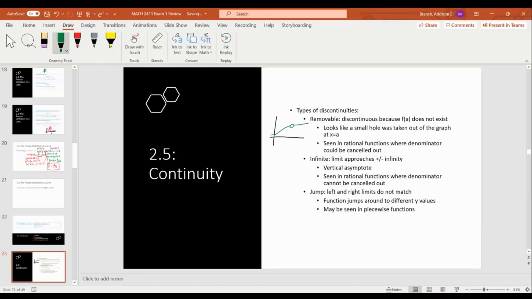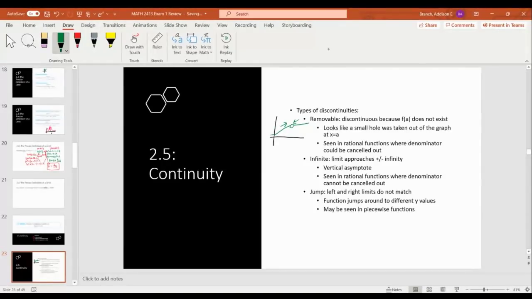And those are discontinuous because f of a does not exist, so therefore it fails one of the criteria for it to be continuous. Now, for this one, the limits will still exist, but it's just discontinuous there. And you'll usually see these in a rational function where a denominator could be canceled out.